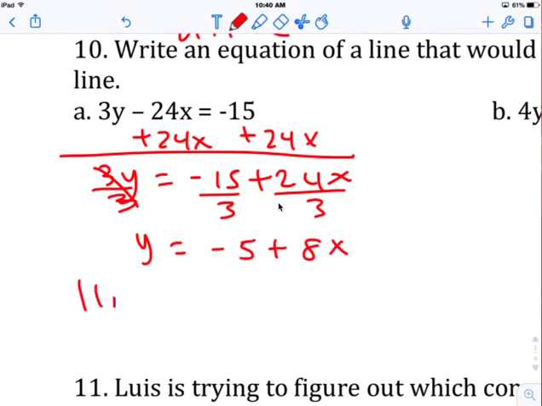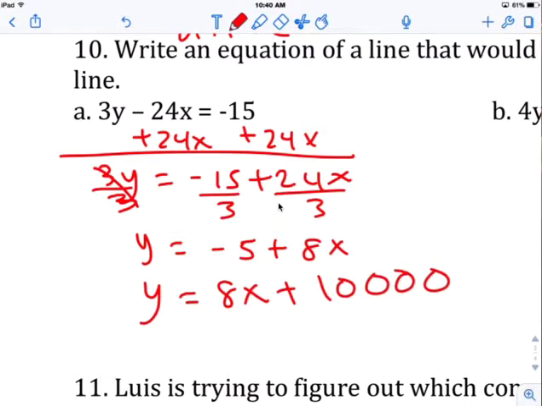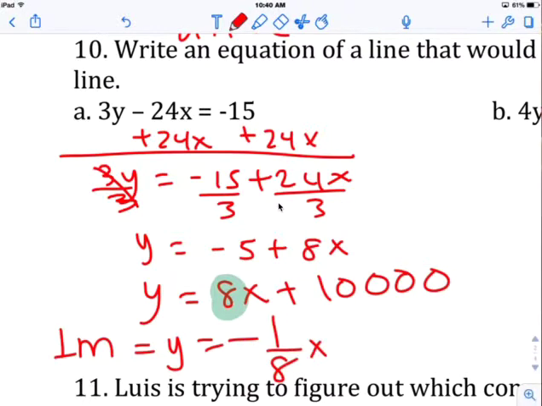Okay, parallel equation, the slope's the same: y equals 8x plus 10,000. Perpendicular, we got y equals the opposite and reciprocal of this, which is negative 1 over 8x, and the y-intercept can be anything. We'll just leave it like that.